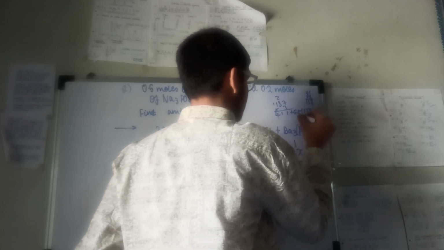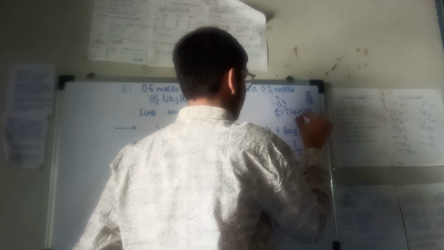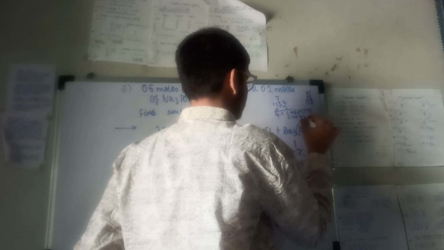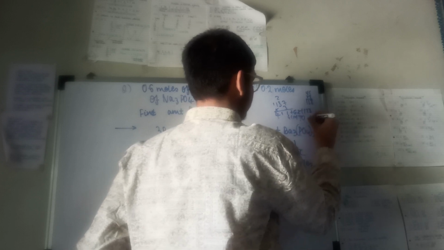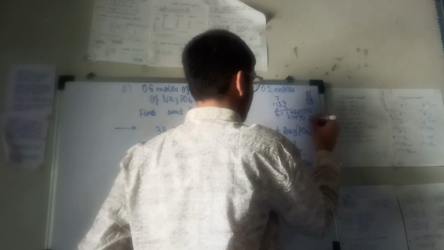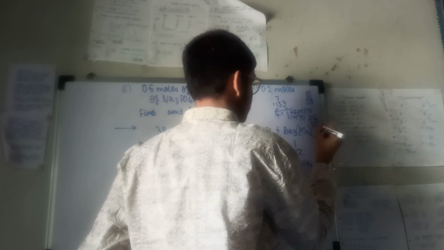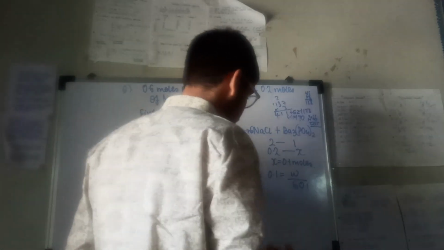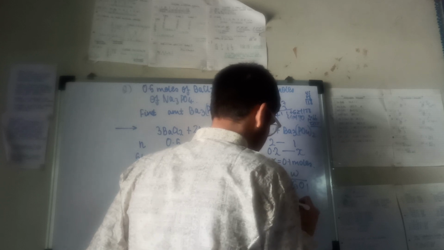411 plus 190 comes 601. So 1 by 10 is equal to W by 601.